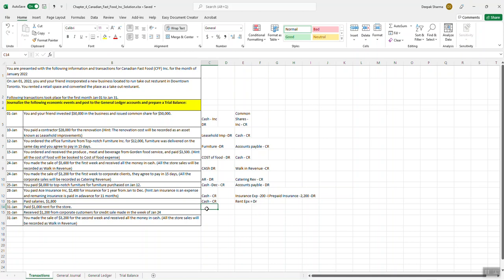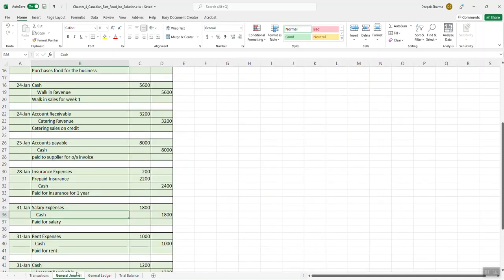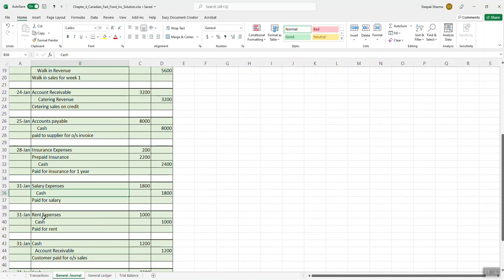Next one, we paid a rent. Cash decreased, credit, and the other account is rent expense, and expense increase is a debit. So the entry will be debit rent expense, credit cash.